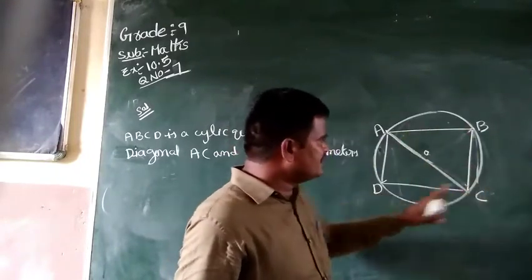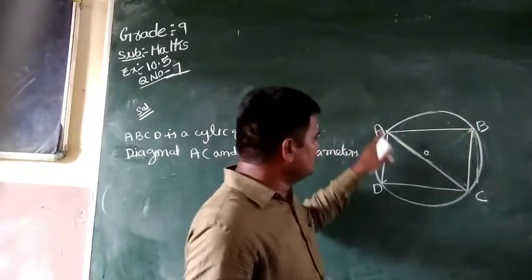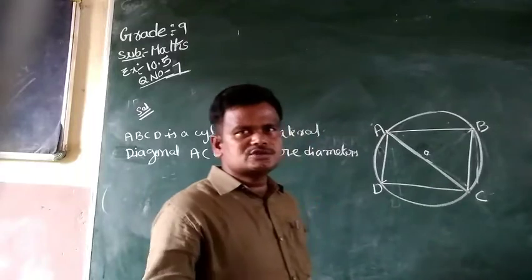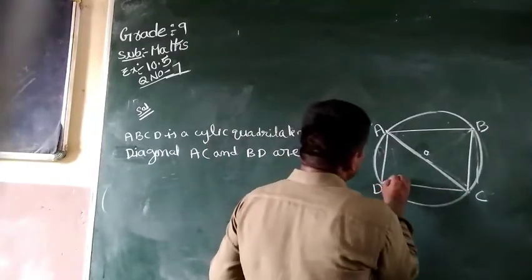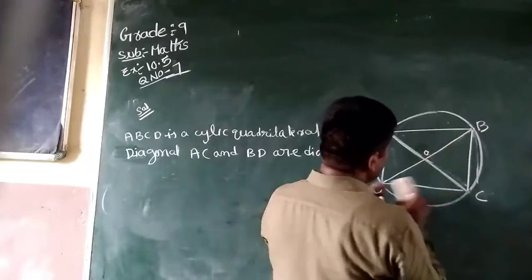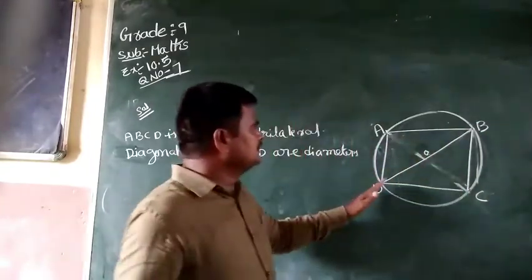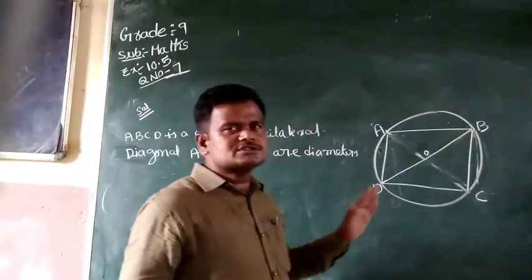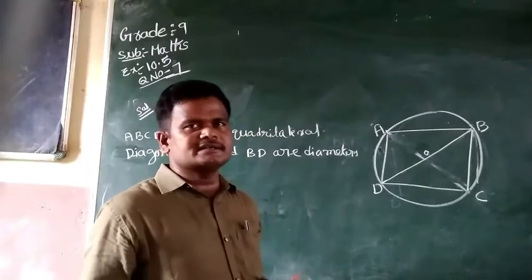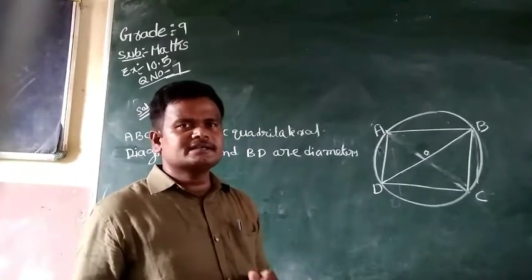So AC divides it into two semicircles, angle ABC and angle ADC, and these two are 90 degrees. BD is also a diameter, so BD divides it into two semicircles, angle BAD and angle BCD. These two angles are also 90 degrees, since the angle in a semicircle is 90 degrees.